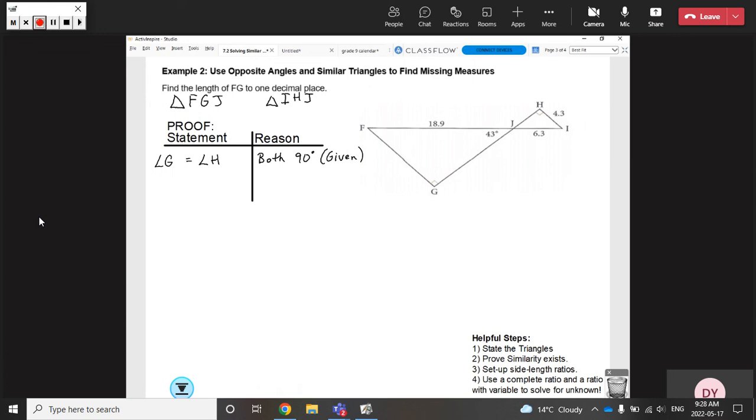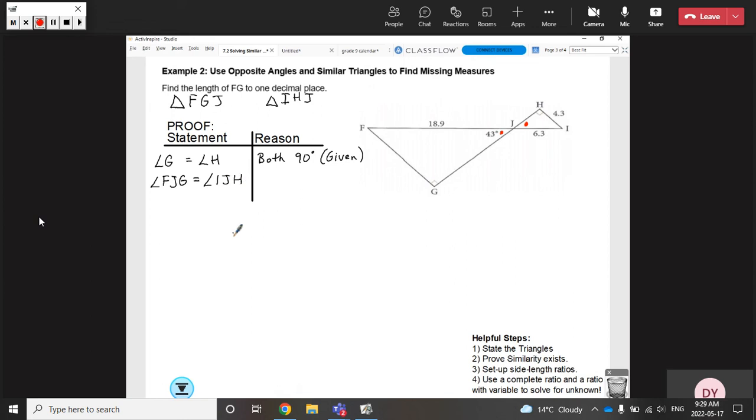And what we could also state is that this angle J is equal to this angle J, because we will call that opposite angles. So we could say angle FJG is equal to angle IJH.